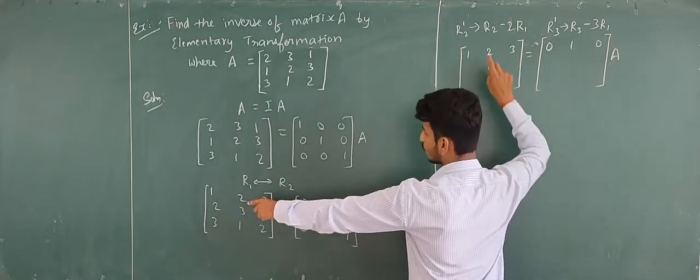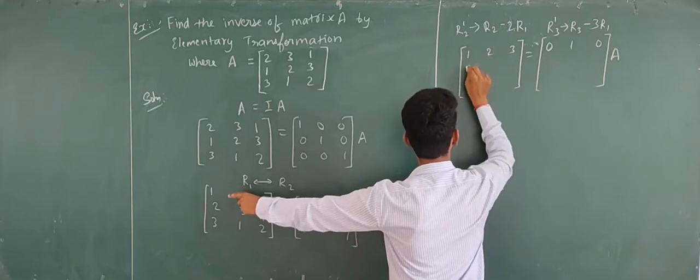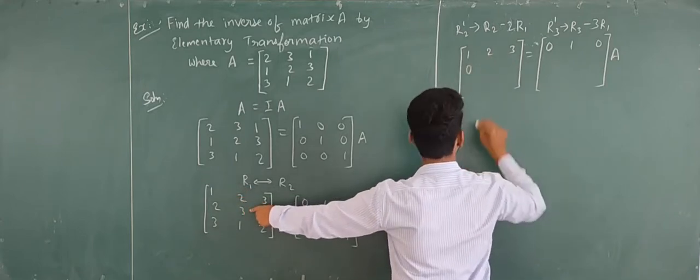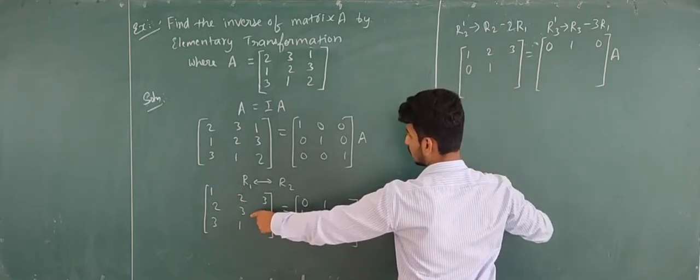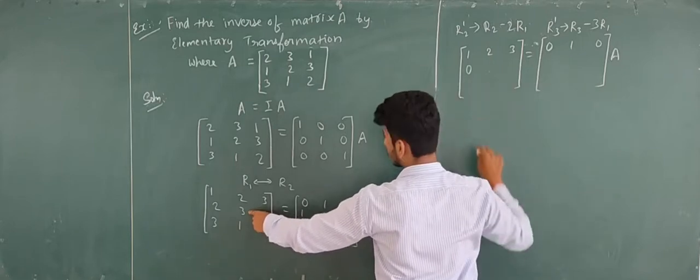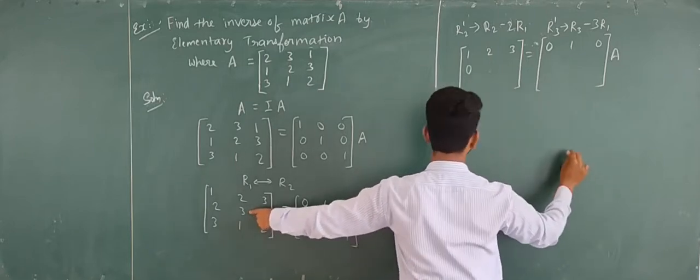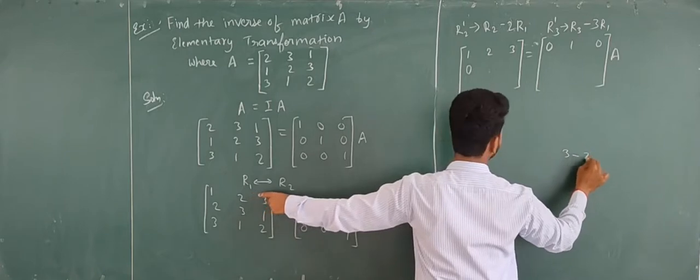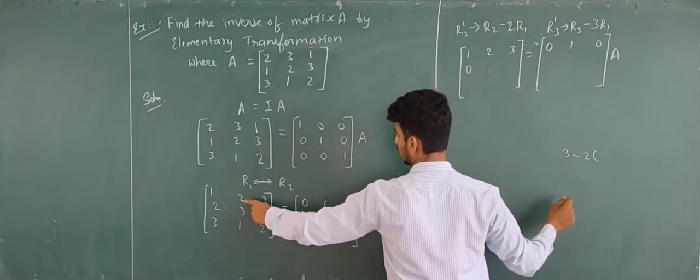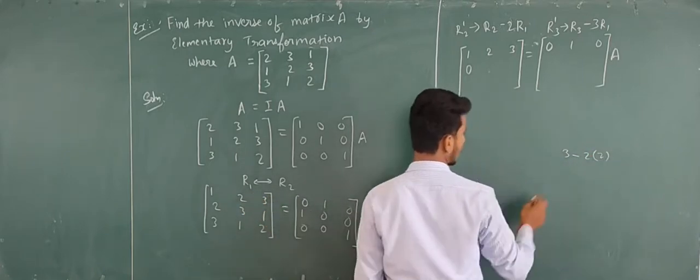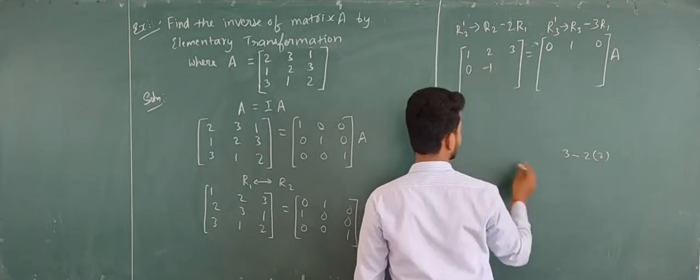The second row means R2 minus 2R1: 2 minus 2 is 0, 3 minus 2 will be 1, 1 minus 2 times 3, that is 1 minus 6, will be minus 5. Wait, the middle entry: 3 minus 2 times 2, that is 3 minus 4, will be minus 1.